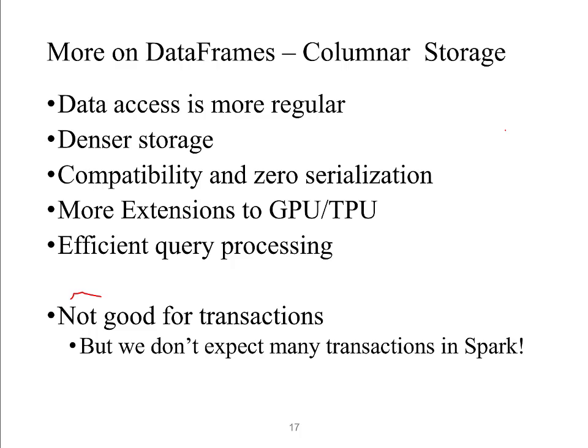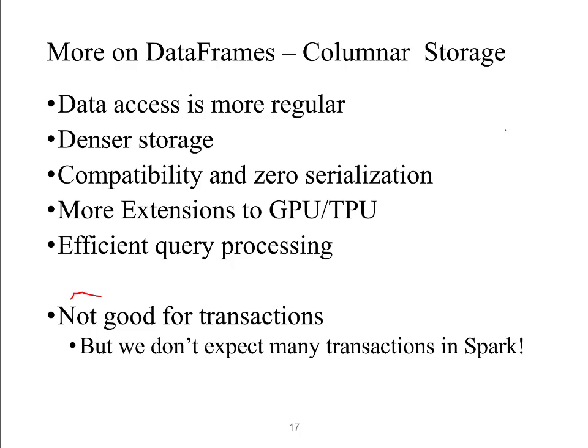So this is another advantage: more extensions to GPU or TPU. This is because nowadays, machine learning applications usually run on GPUs because they are very data intensive, and we all know that GPUs are more powerful than CPUs, especially for homogeneous data.